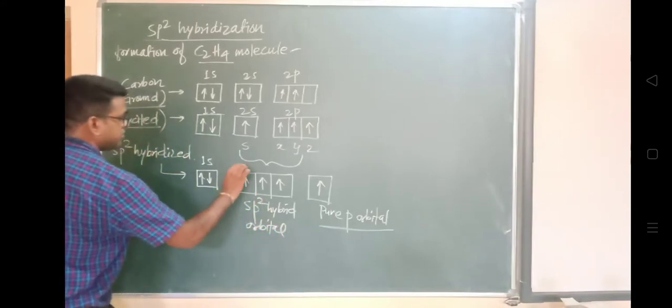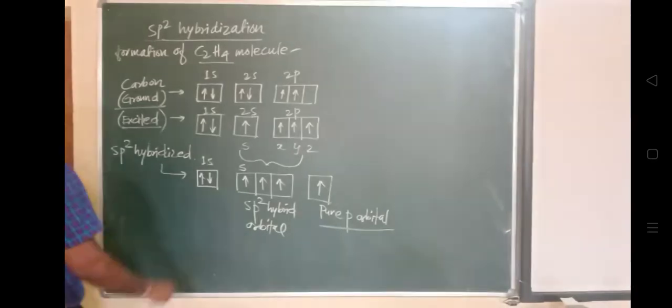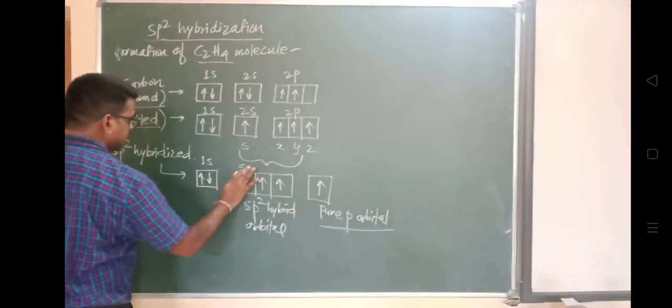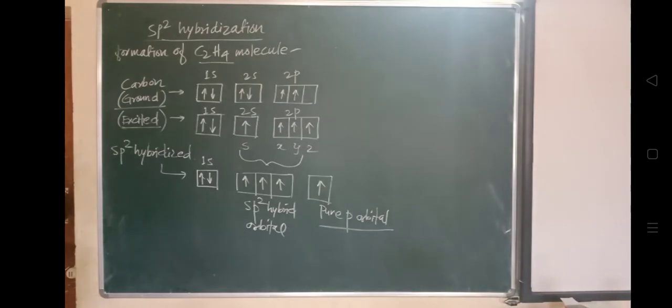So now with the help of the diagram, we will understand how sp2 hybridization forms in the case of the C2H4 molecule. This is about the ground and excited state of carbon, which we have already drawn.